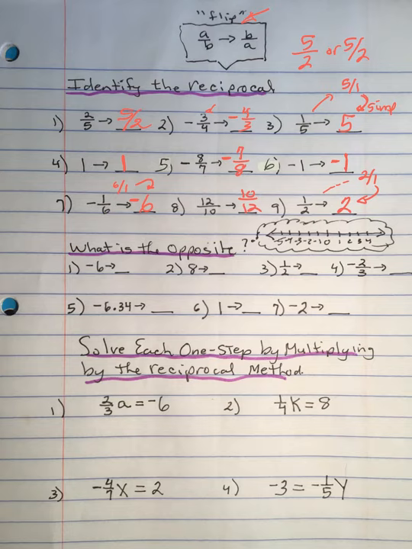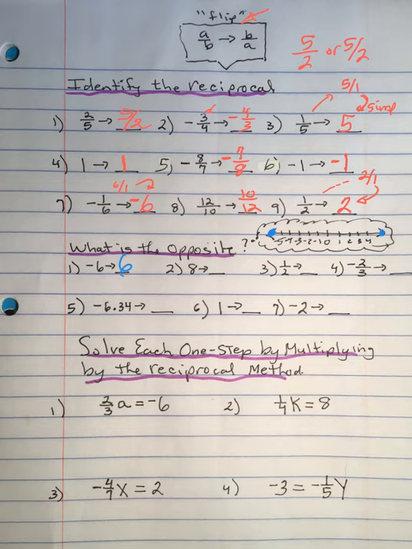The opposite is talking about being on the opposite side of the number line. So if I'm at -3 and I want you to stand on the opposite number of me, you have to be standing on +3. So you're the same distance from 0, but on the opposite side. So that's what the word opposite means. So it's the opposite side of the number line. So the opposite of -6 would have to be way over here at +6.